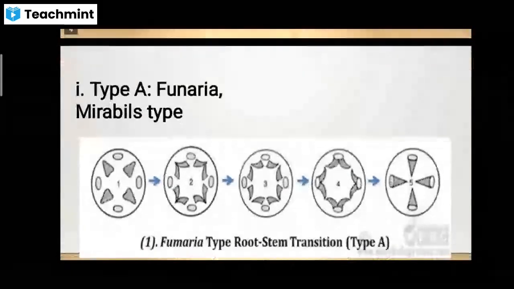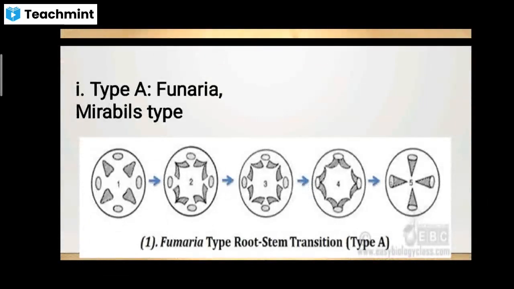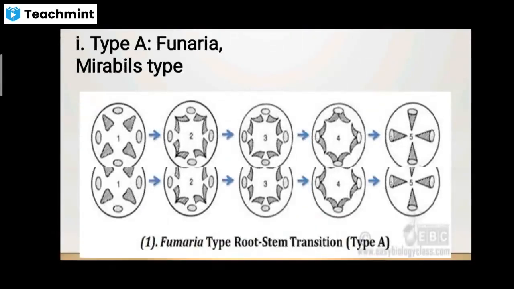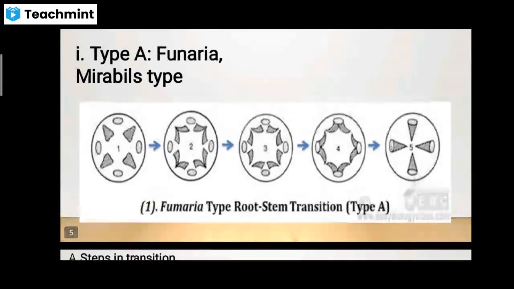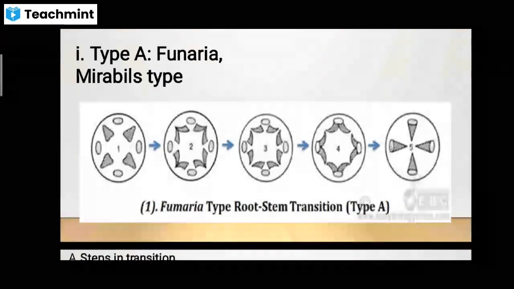The first type is type A, which is also called the Funaria or Mirabilis type. Here you can see this picture clearly. The first figure is the anatomical structure of the root, and five is the stem.